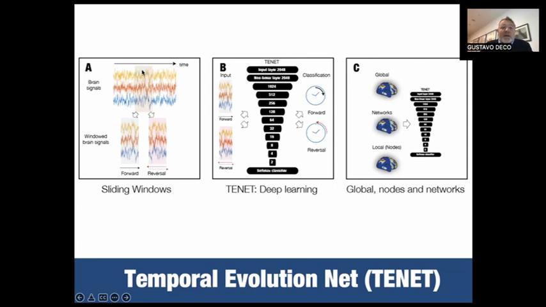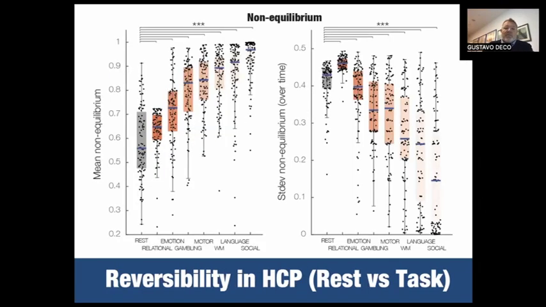At the same time, we assess the level of non-equilibrium, non-reversibility, and the level of non-stationarity by doing this trick. So in each sliding window, we apply this trick of flipping the signal, generating and training on the forward and reversed versions of the different brain signals. I will show just one result, in the interest of time, which is related just to the global analysis of all the signals.